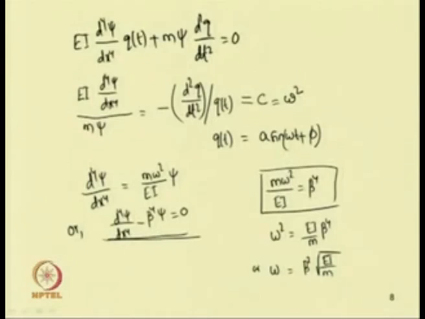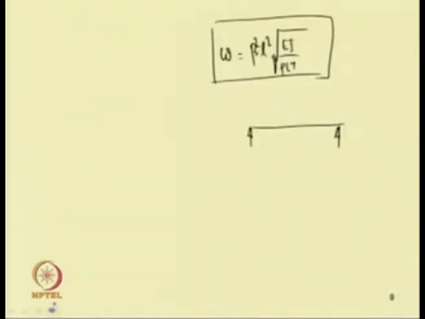So, in this case the general solution will be, the auxiliary equation, so for d⁴ψ/dx⁴ minus β⁴ψ equal to 0, the auxiliary equation becomes D⁴ minus β⁴ equal to 0, or (D² plus β²)(D² minus β²) equal to 0, or D will be equal to plus minus iβ, and it will be plus minus β.